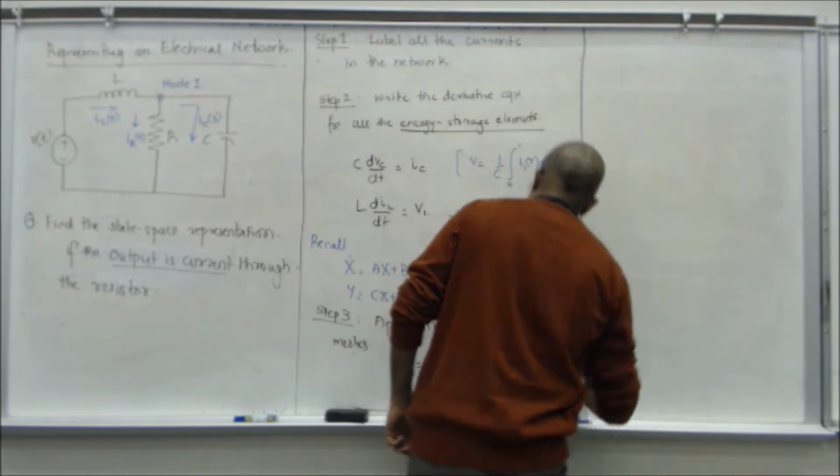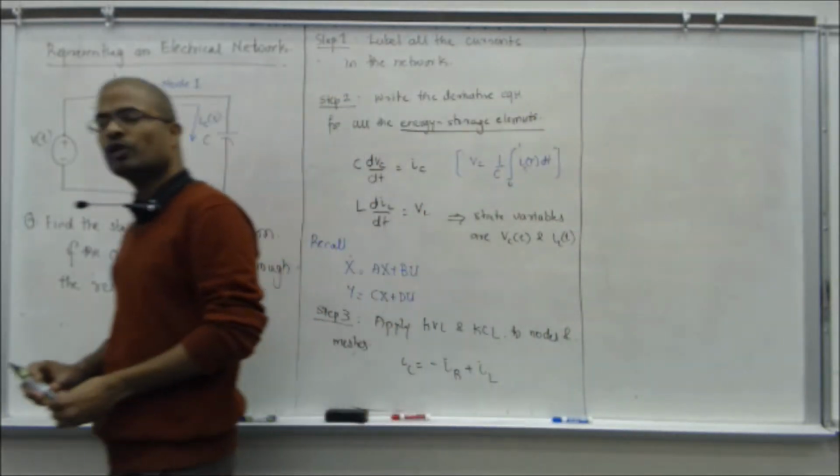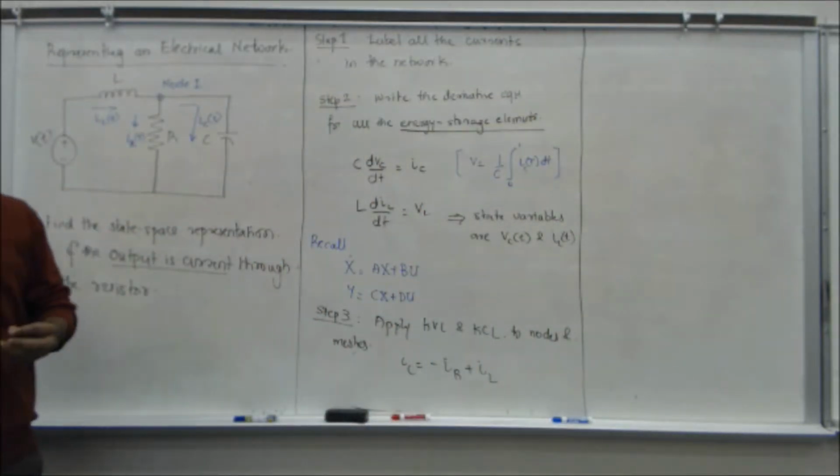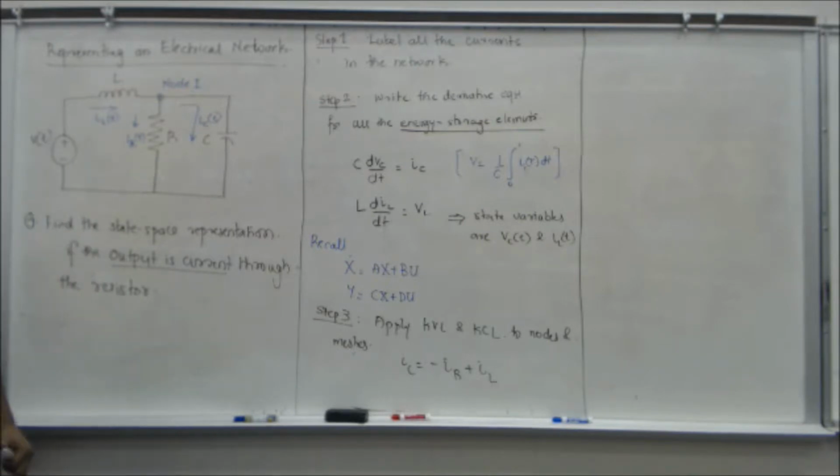So how do we eliminate VL? Now think about yourself. How do we eliminate VL? Represent VL in terms of either VC, V, VR. Can you do that?